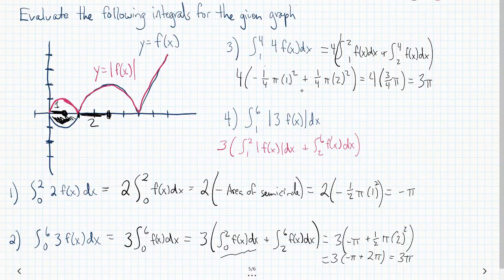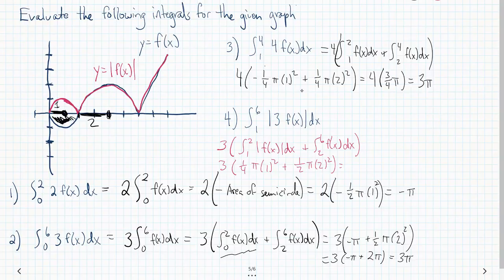We actually already have what. Oh, we don't have from the 2 to 6 exactly. Well, we kind of do, but we'll go through the calculation. It doesn't hurt us to do it one more time. So in this case, we get 3, and then this will be 1/4, and then it goes pi, and now it's positive, notice, pi times 1 squared, plus, in our other case, we'll get 1/2, because it's a semicircle, and then we have pi times 2 squared.